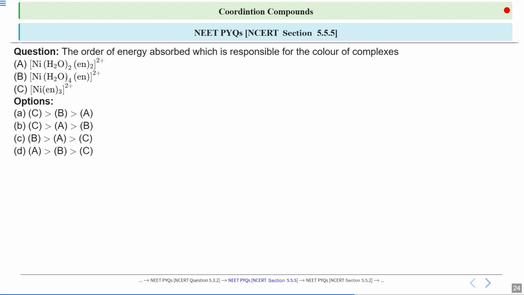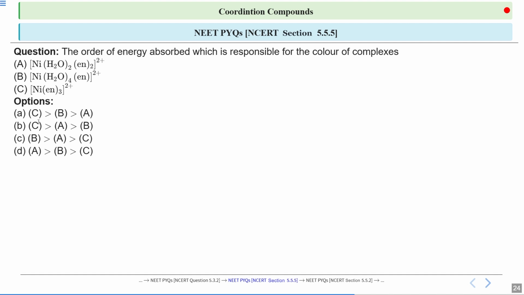B is [Ni(H2O)4(en)]²⁺. And C is [Ni(en)3]²⁺. So you have to tell the order of these complexes on the basis of the energy they are absorbing, which is responsible for their color.